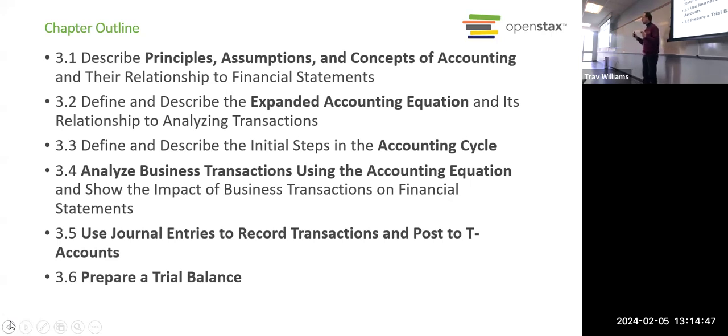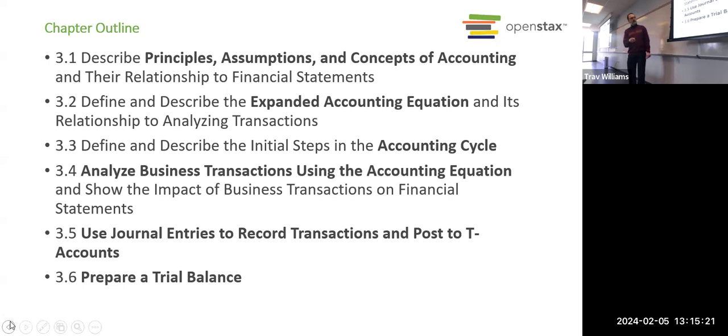Those 2 accounts might both be assets, they might both be liabilities, they might both be equity accounts, or it could be a combination. So anytime there's a financial transaction, we can look at it and see what impact it has on the accounting equation. And the accounting equation will still always balance out. Assets are always going to equal liabilities plus equity, but they do change over time.